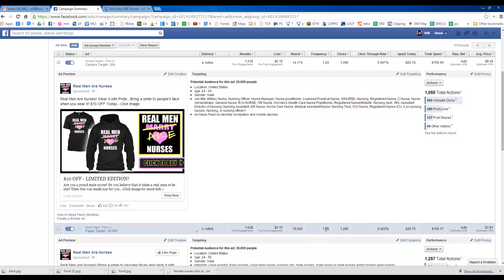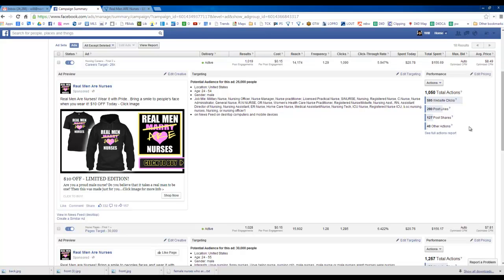We're at a frequency of about 1 1/4 to 1 1/3. We are at 1,090 clicks there, 1,285. Total spent for each campaign, 155 here, 156 here, and our optimized CPM is 7.81 per thousand impressions, and here it's 8.49.